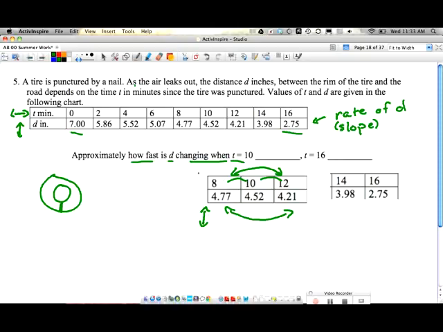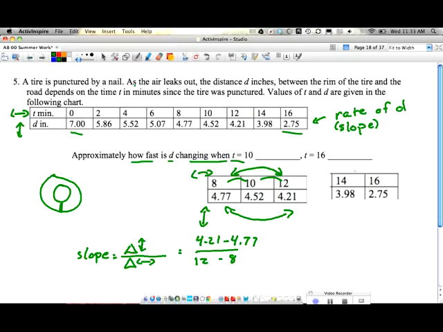In this case, the horizontal is 12 and 8, so that's a change of 4. And on top, it's going to be 4.21 minus 4.77. Similarly, over here, we got a horizontal change and a vertical change. So we're going to have 2.75 minus 3.98 over 16 minus 14.